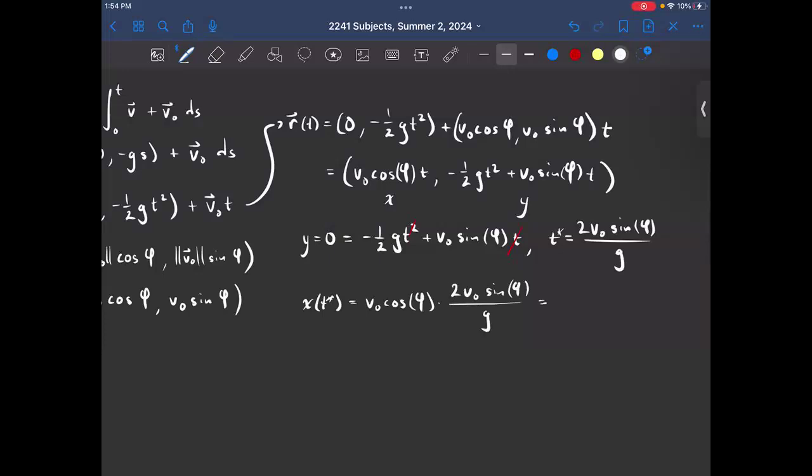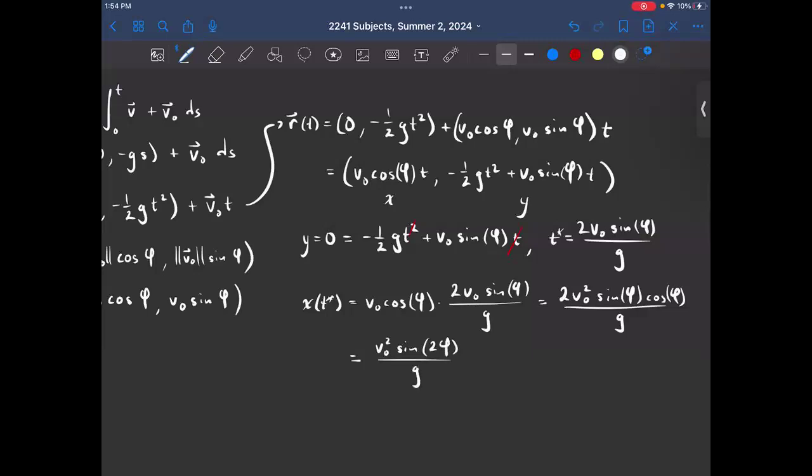Okay, and so our final formula here is 2v0 squared sine phi cosine of phi divided by g. And if you're familiar with some trig, you might remember that you can rewrite that as a double angle.